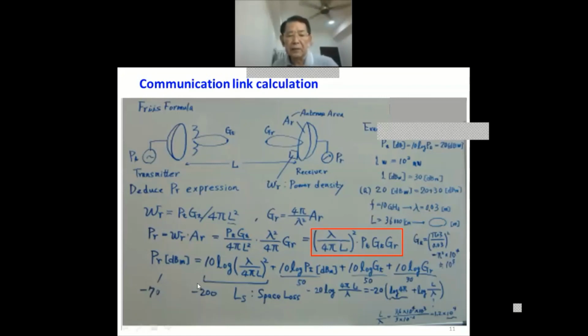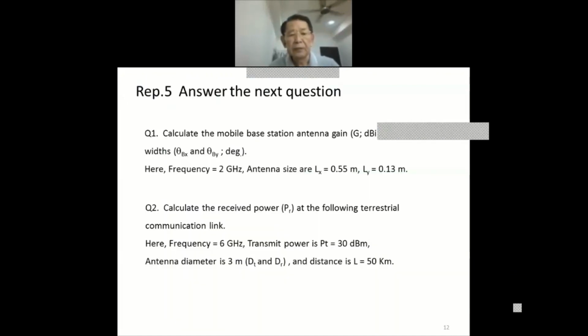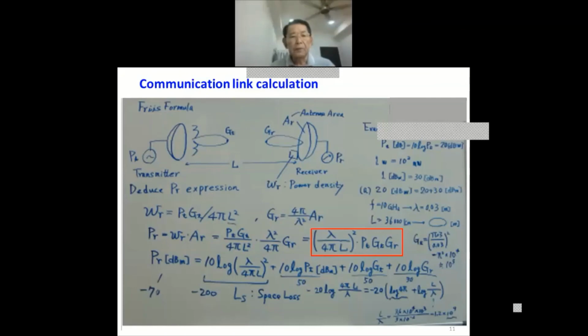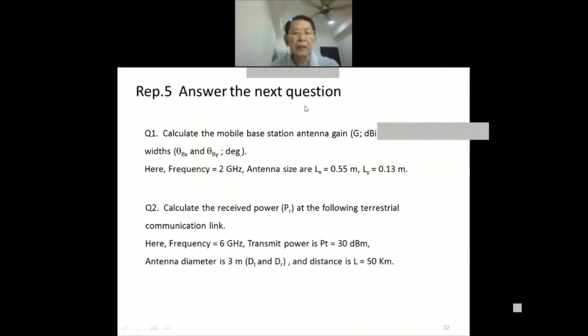So this is an example of the transmission formula. So I would like to finish today's lecture. So this is report 5. Question 1: calculate the mobile base station antenna gain and beam width.